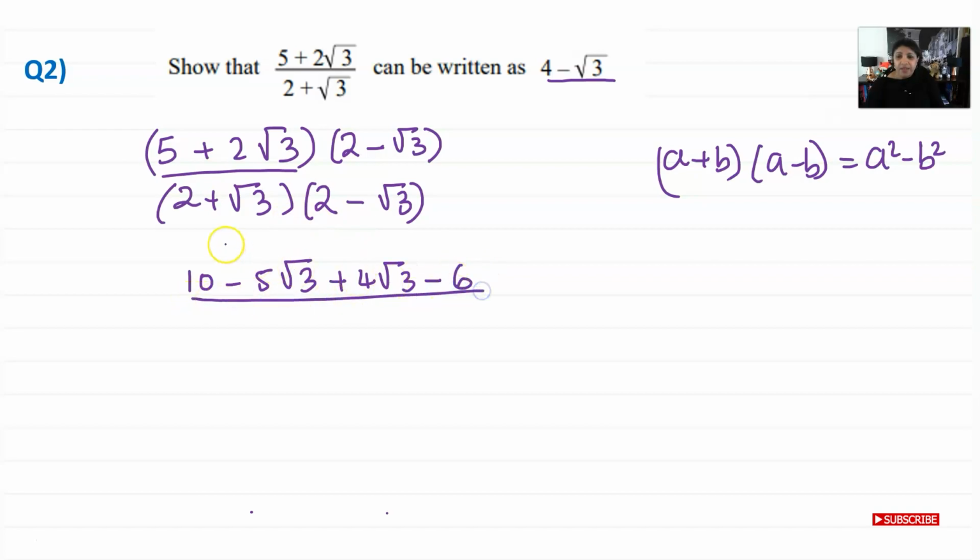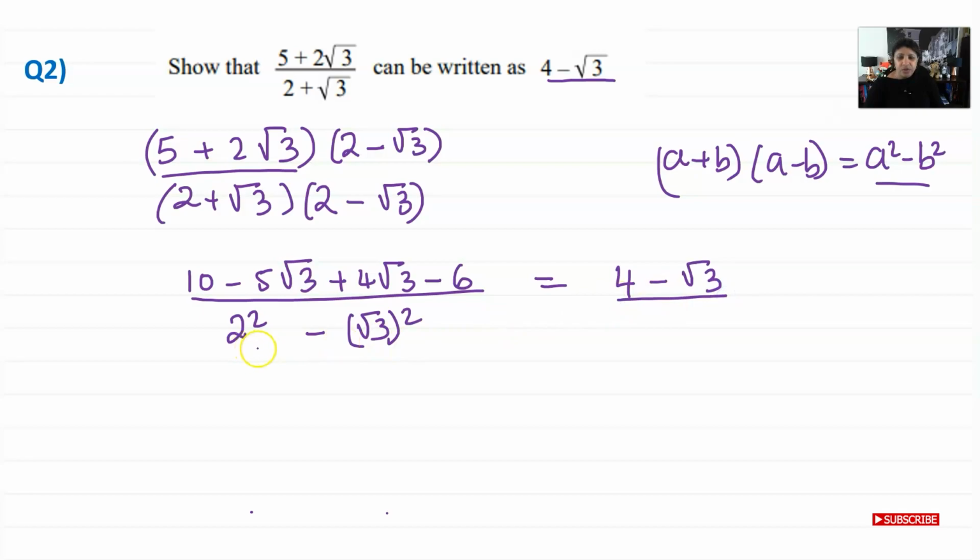Everything is divided by this lot here, so 2 squared take away root 3 squared. I'm going to write it so you know what to do next time. Now we get 10 take away 6 is 4, and negative 5 root 3 plus 4 root 3 will give you negative 1 root 3, so take away root 3.